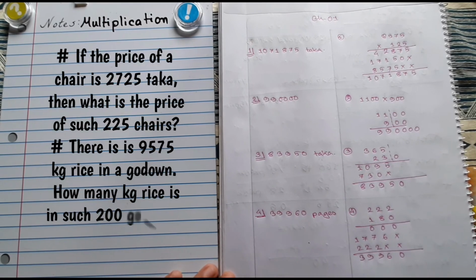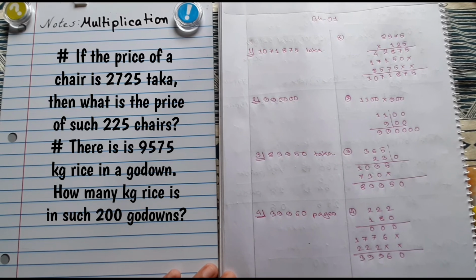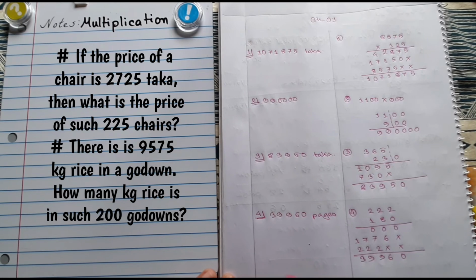Now you can see there are 2 questions over here. One is: if the price of one chair is 2,725 taka, then what is the price of 250 chairs? Exactly this kind of 4-number math, okay? Exactly what you are going to do. This is a multiplication.